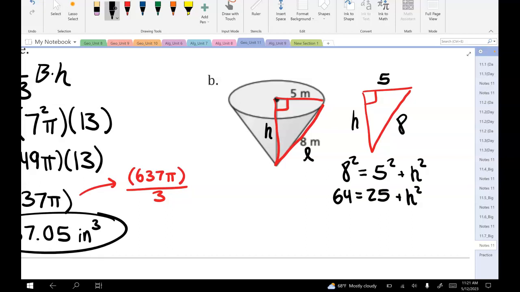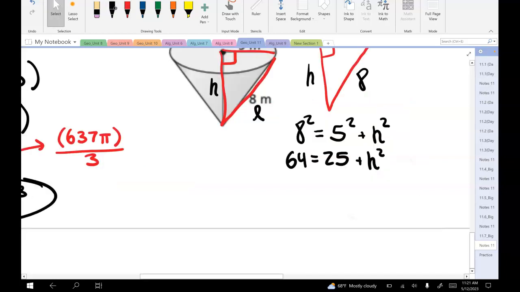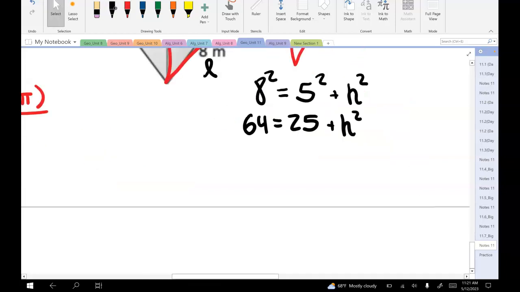Now we're trying to get H by itself so we can have a value to plug into our formula. So 64 minus 25 is 39. So we have H squared is equal to 39.